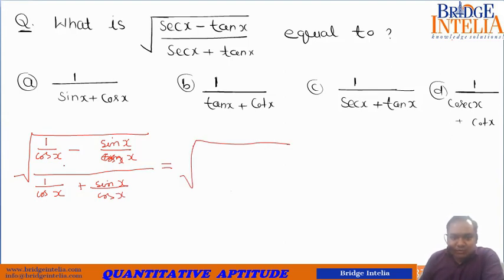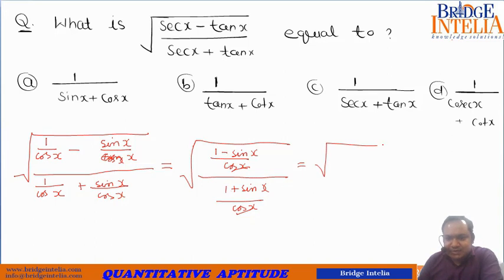In both the numerator and denominator you can take cos x as common, which will later be cancelled out. So this becomes 1 minus sin x, 1 plus sin x. Now this cos x and this cos x can be cancelled out. So this now simply becomes 1 minus sin x by 1 plus sin x.